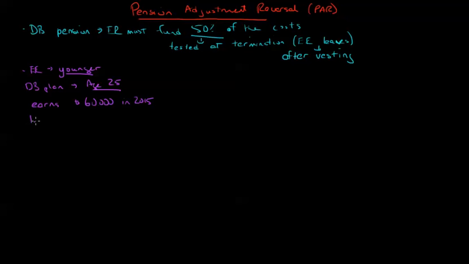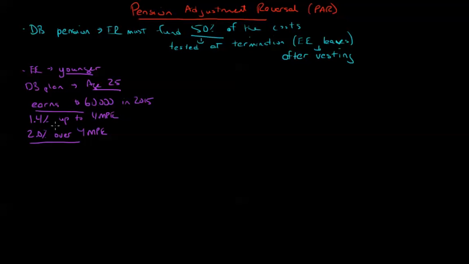The plan promises a benefit of 1.4% as its defined benefit on income up to YMPE, and let's say 2% as a benefit on income over YMPE.